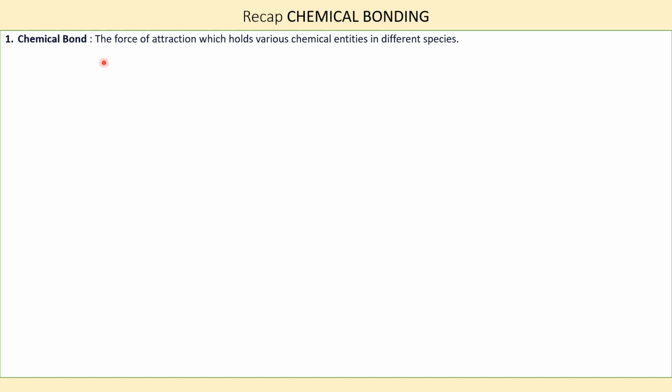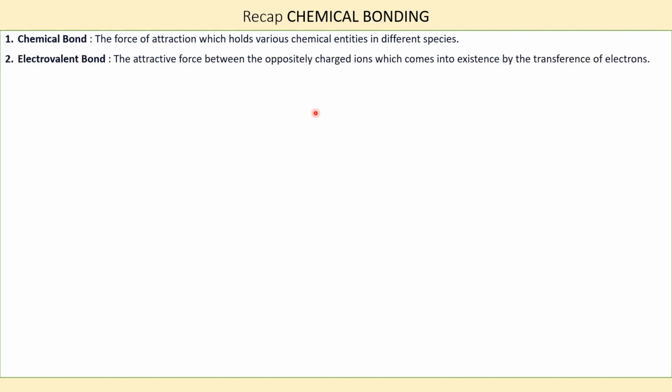Whereas an electrovalent bond is the attractive force between oppositely charged ions which comes into existence by transference of electrons.